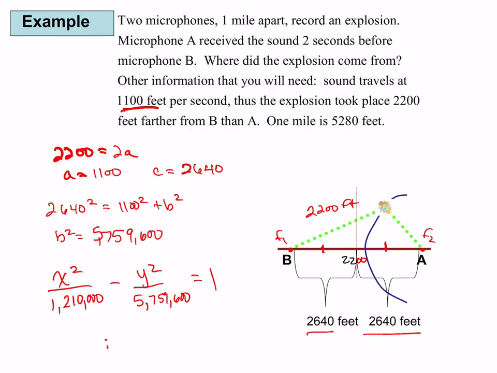And we'd say it's on one branch of that equation. You can't tell exactly unless you have another point of reference to triangulate, but that's enough for what they want us to do, which is basically just find the equation.